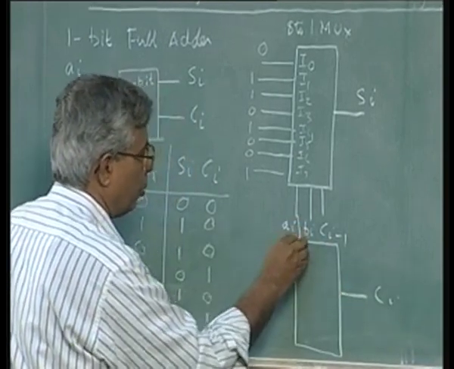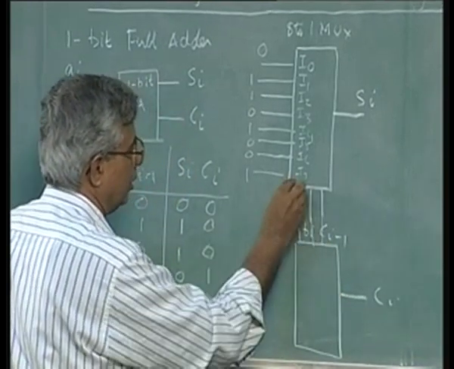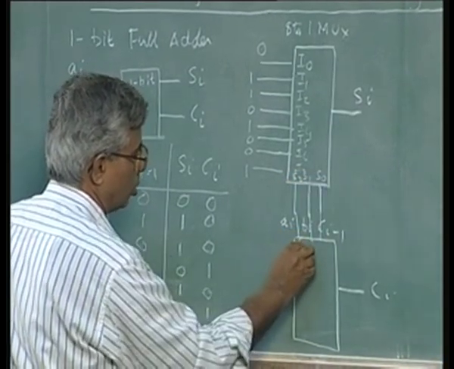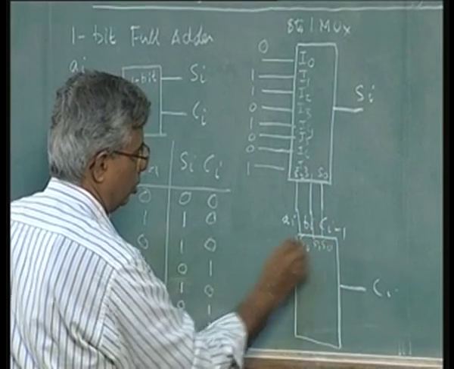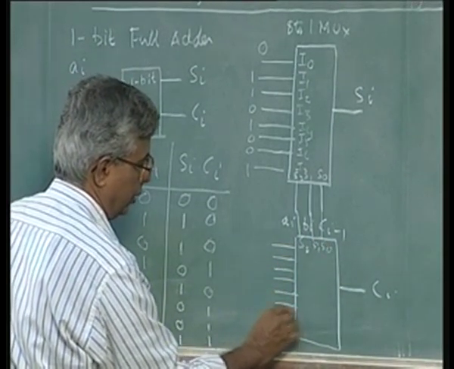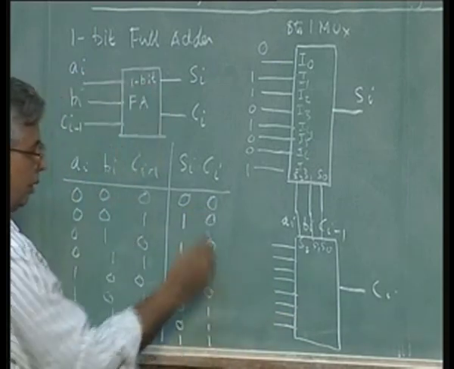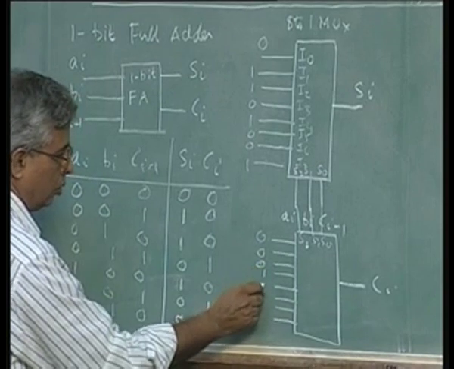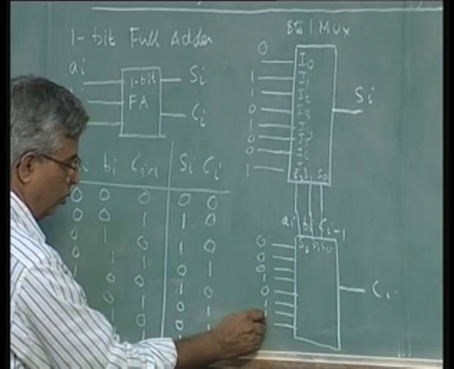So I will use the same inputs as selectors here, S2, S1, S0, and I0, I1, I2, I3, I4, I5, I6, I7. In this case I will put 0, 0, 0, 1, 0, 1, 1, 1.